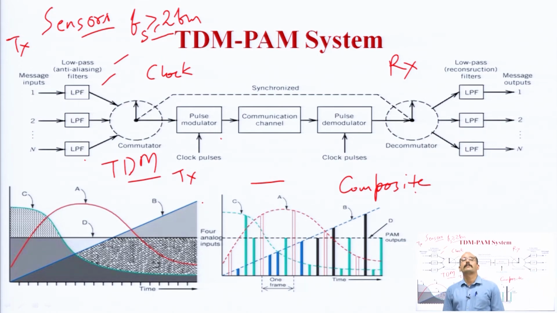As I told you in the previous lecture on synchronous and asynchronous time division multiplexing, synchronization plays an important role, because both multiplexing and demultiplexing on the transmitter and receiver side are governed by the clock signal or the synchronization pulse.